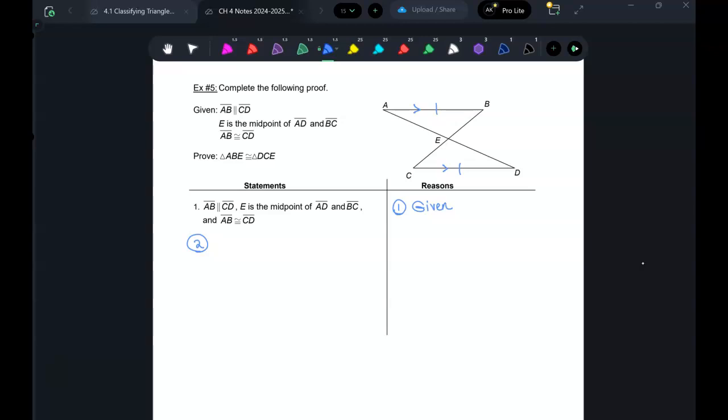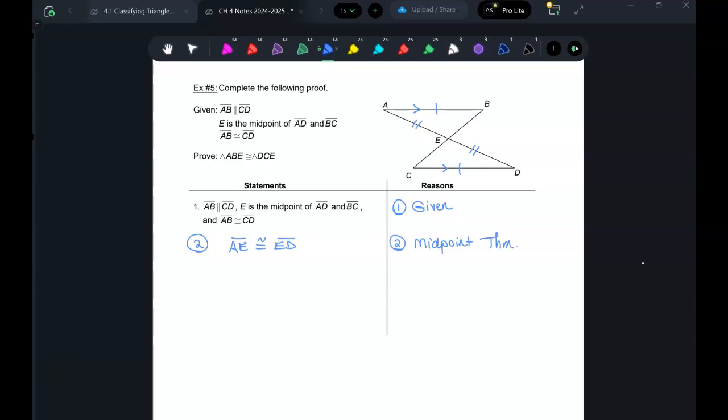If E is the midpoint of AD, what is congruent? AE and ED. Midpoint, good. What else is congruent?